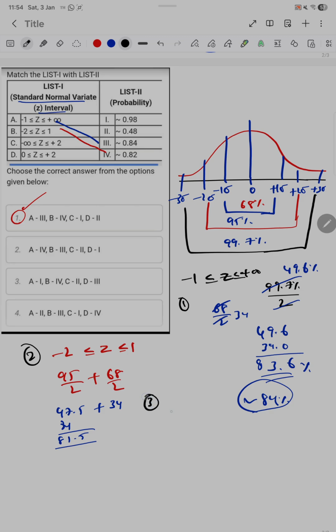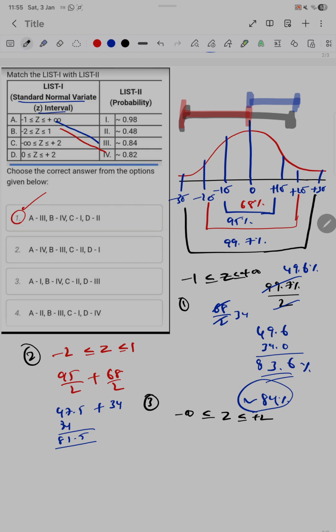And for the next one, the z value lies between -infinity and +2. So -infinity to +2 means from here to here. Here also we have the same thing: -3 to 0 is one part, and 0 to +2 is another part.